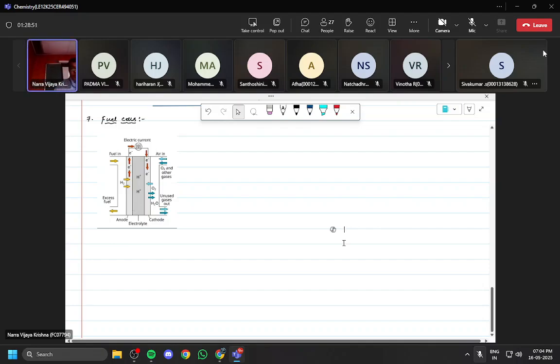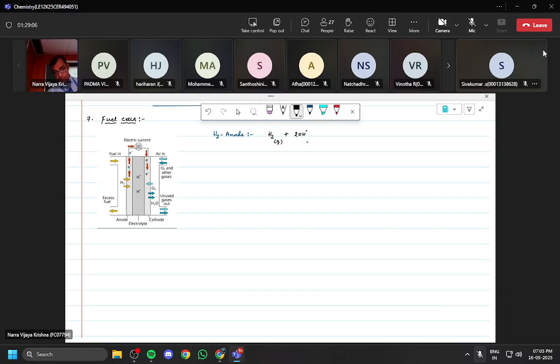So I am writing hydrogen anode. What happens? H2 gas plus 2OH minus aqueous gives rise to 2H2O plus 2 electrons. Is the reaction balanced or not?